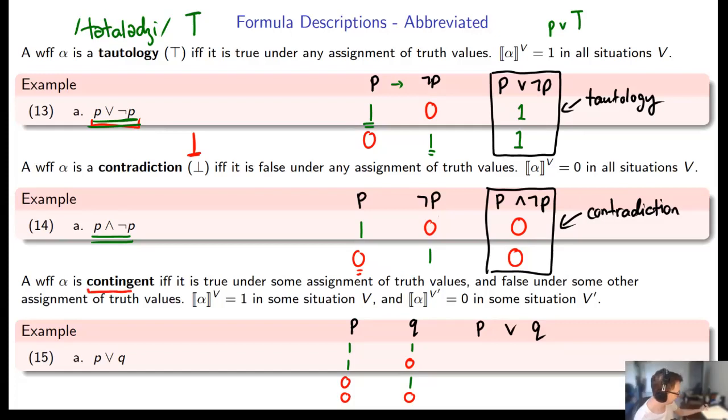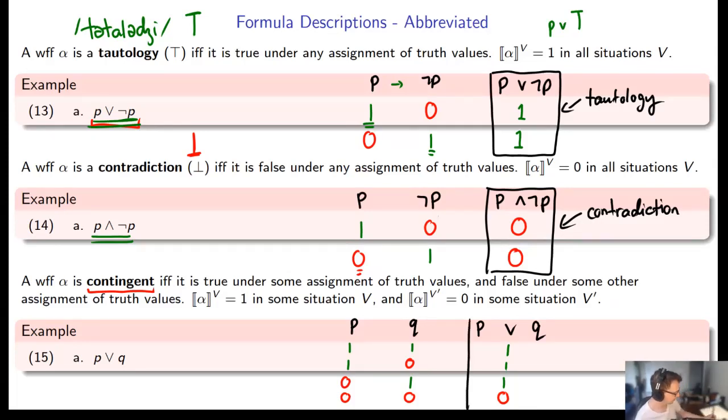Contingent might not be a word that we use every day in real life, but contingent does mean what it means colloquially. That means that the truth of the well-formed formula is contingent on the truth of its parts. So, for example, here's just a regular truth table for P or Q. We don't have to go through this line by line, but we know that it's going to be false in the final row when P is false and Q is false.